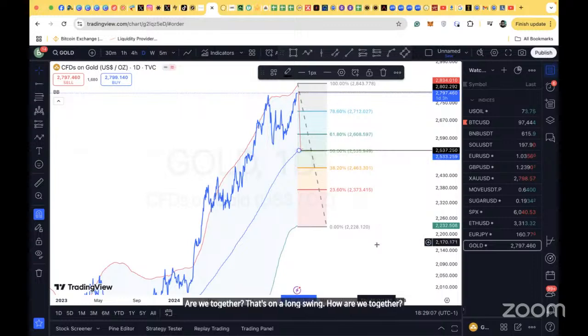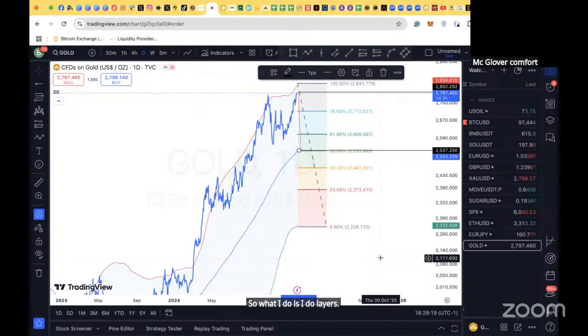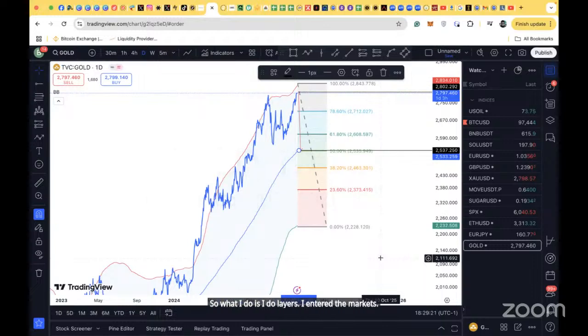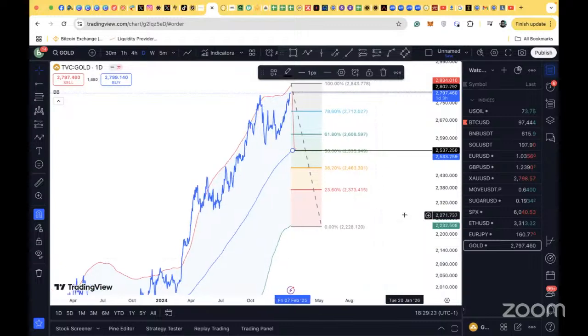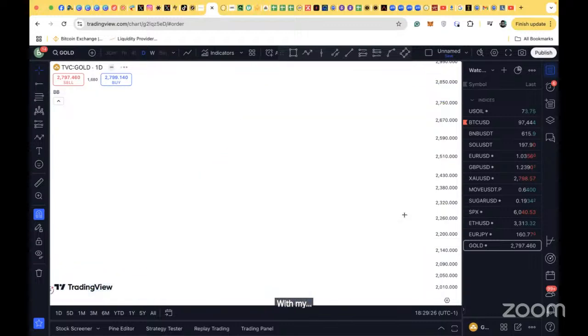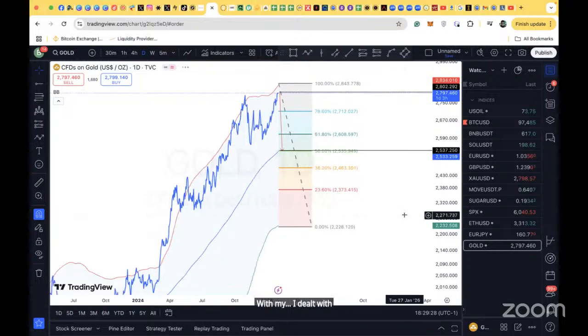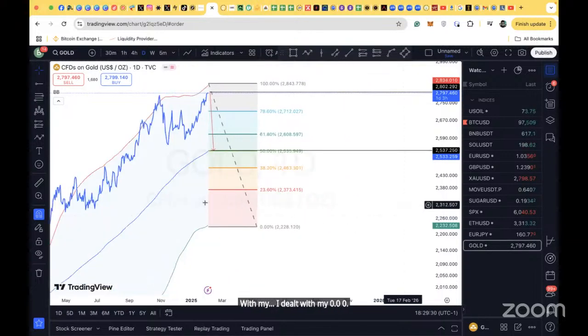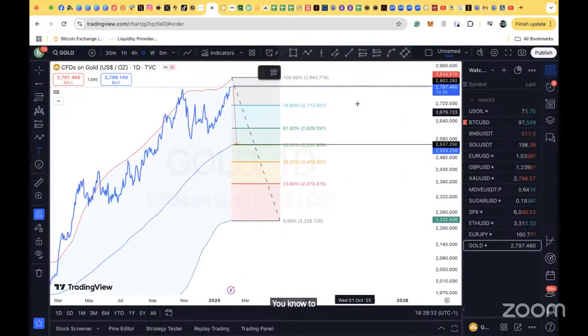Because the fundamental is showing me that the US dollar is very, very strong. So what I do is I do layers. I enter the market with 0.001 to start with, to know that the market is actually going in my direction.